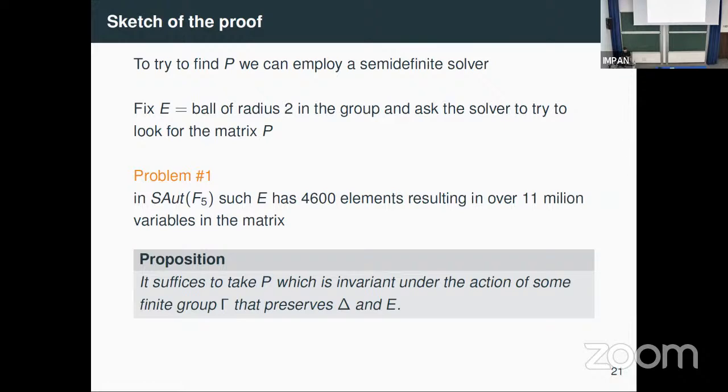This means that the matrix has over 11 million variables, which is far too large for any of these solvers to work with. There's a way around it, and I think Marek in his talk later today will describe this in greater detail.